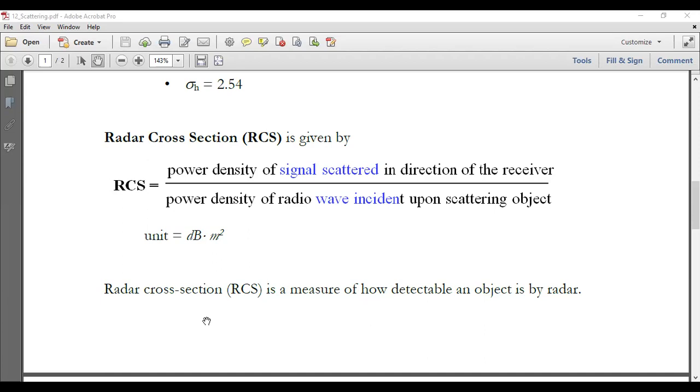And the stealth aircraft, their purpose is to reduce this RCS, the ratio of the energy scattered from the object to the energy that is incident. So this RCS is made very low, meaning that you will have very little energy reflected.